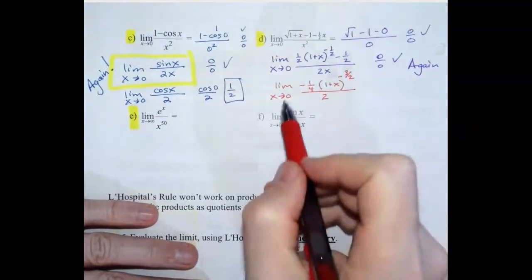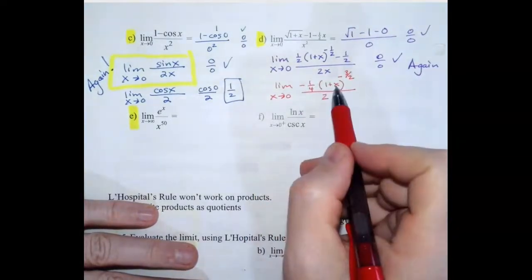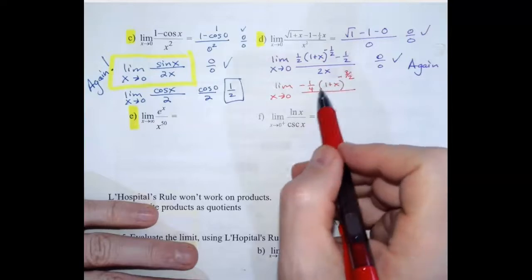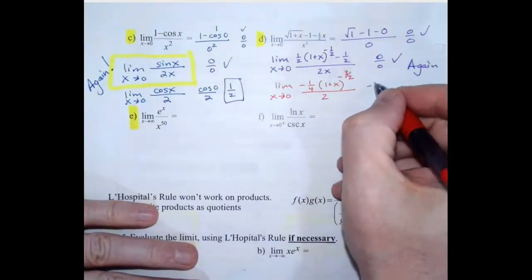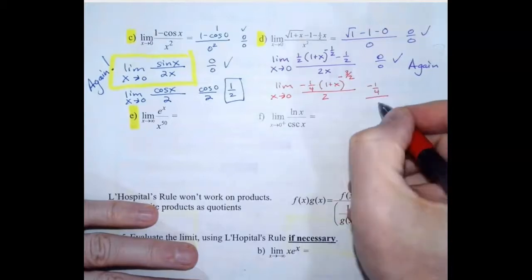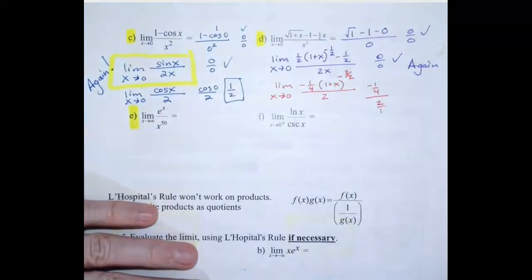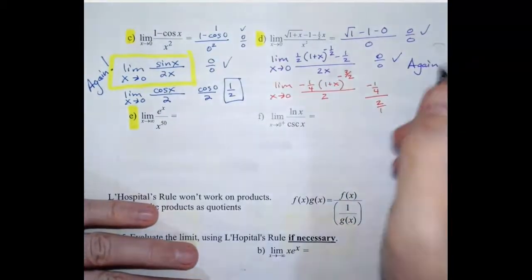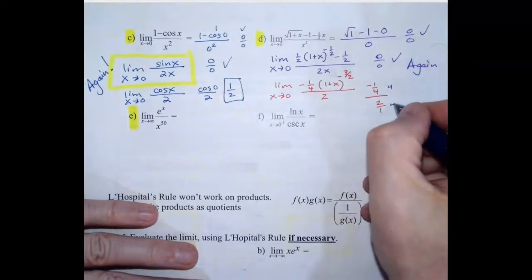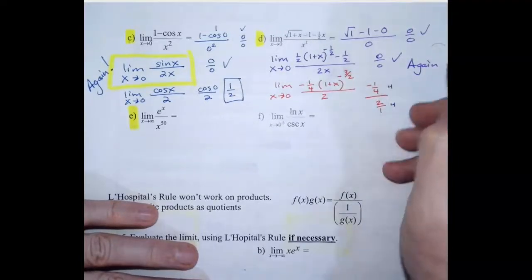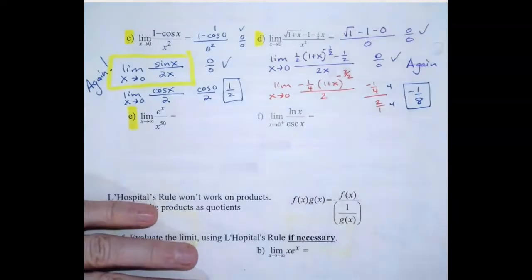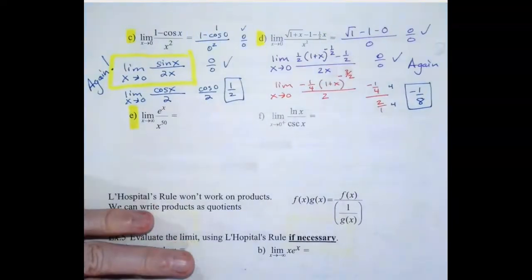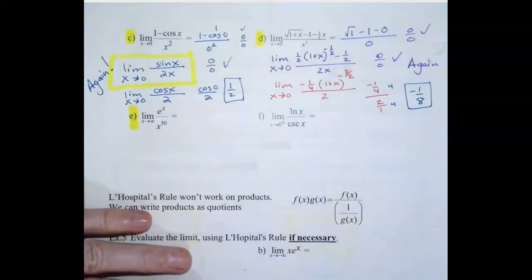So now we should be okay. Plugging in 0 here, that's just 1. So that leaves us with negative 1/4 over 2. Now, I'm going to treat that as a complex fraction, so I'm going to multiply that by 4 over 4. So that's going to give me negative 1/8.